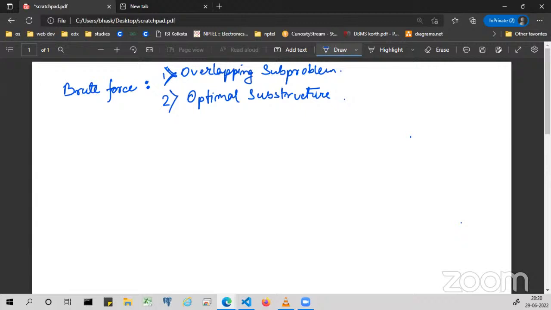Solving a sub-problem is along similar lines as solving the big problem. It is not that you solve the sub-problem with one approach, and when you join the sub-problems together for solving the whole problem, the approach changes.